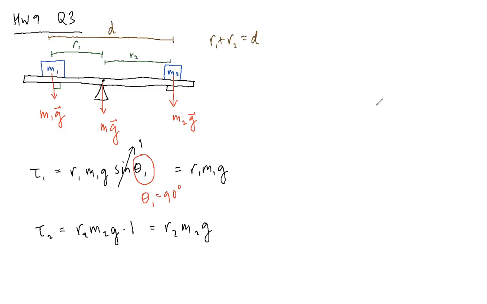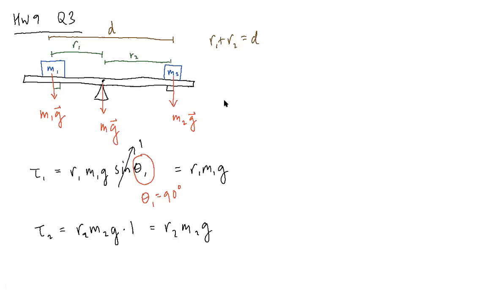All right. Now, if this seesaw remains balanced, that means it has static equilibrium. So that means that the sum of the torques acting on it is going to be 0.